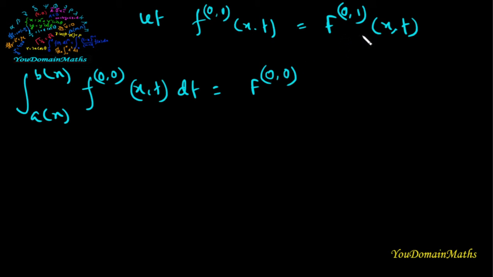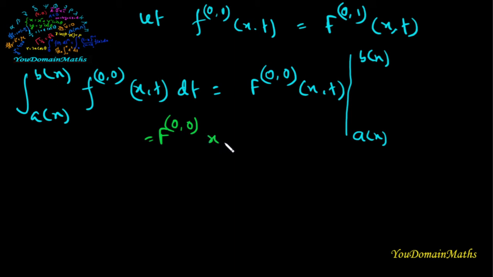So when we integrate with respect to t, it can be written as 0 0, meaning no derivatives with respect to x or t. With the lower limit and the upper limit put in, we get f of 0 comma 0 at x comma b of x minus f of 0 comma 0 at x comma a of x. That's the easy term.